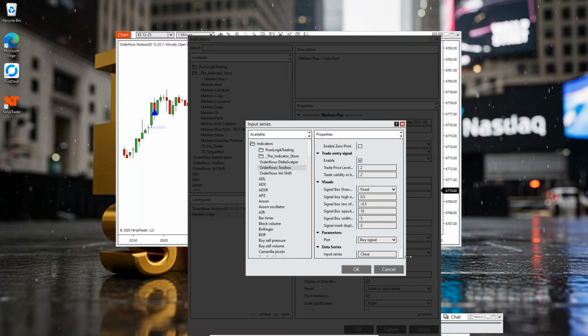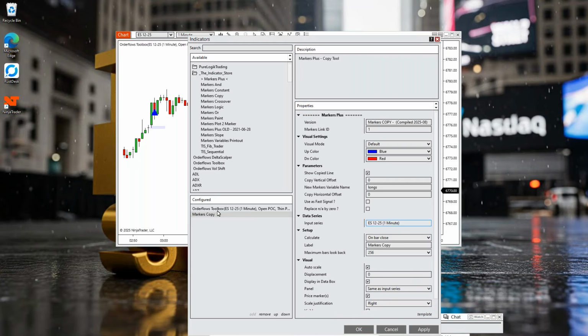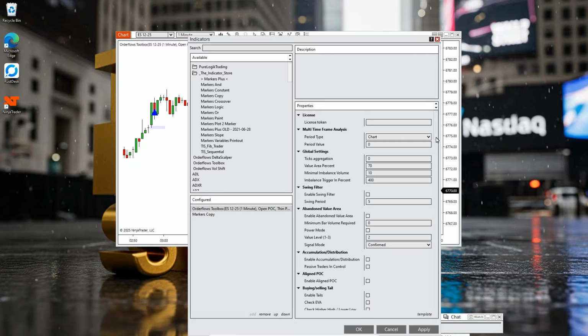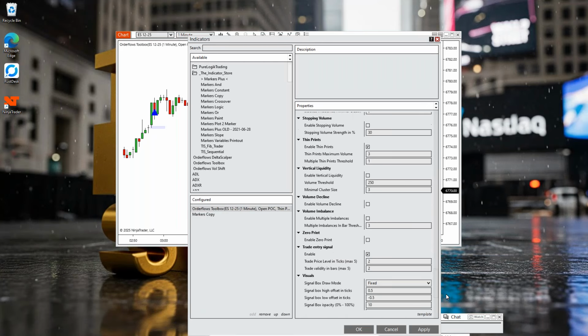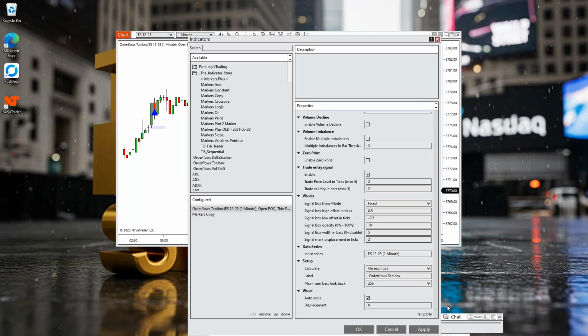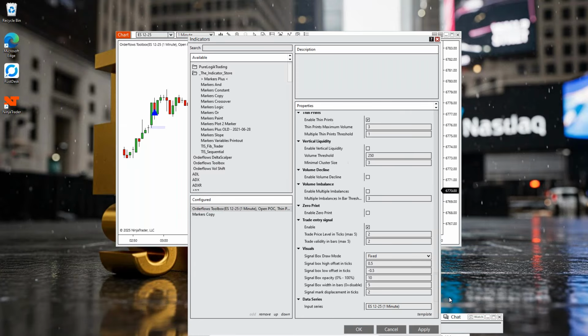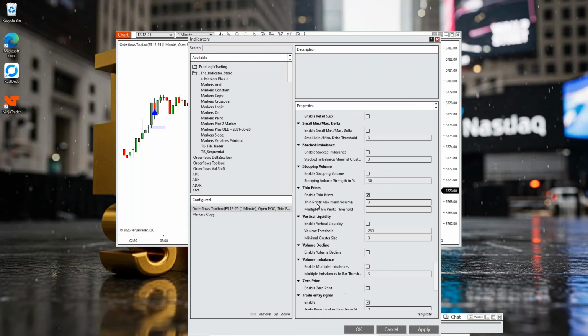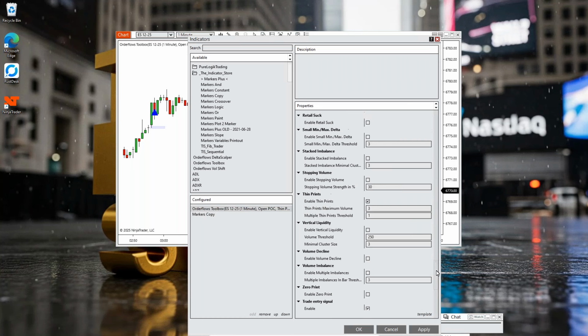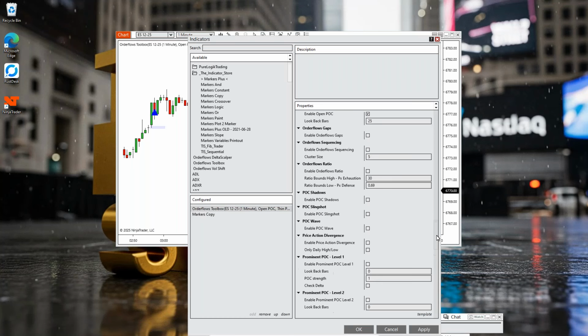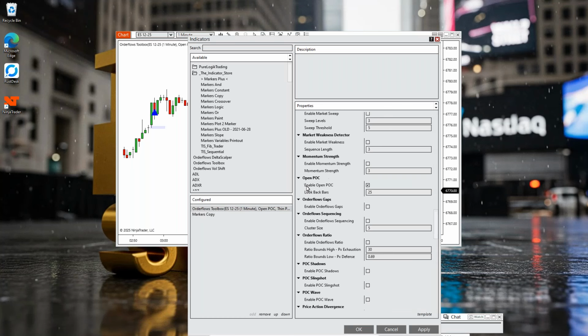I really don't remember. Sorry, let me check. You sent me those settings. Enable thin prints with a 3 and a 1. And there was also another thing selected, the POC.